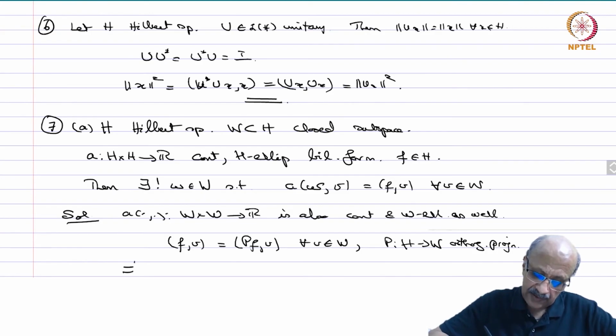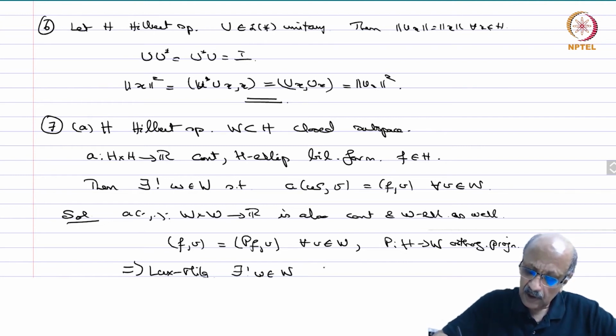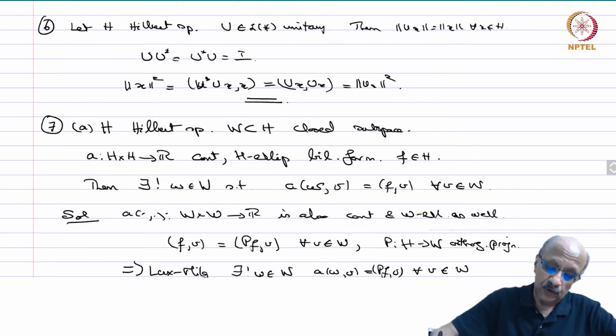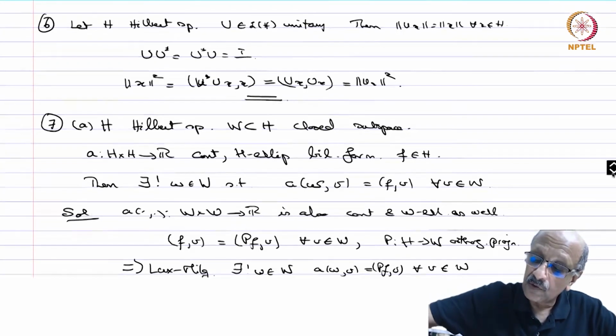So by Lax-Milgram, because W is a Hilbert space in its own right, there exists a unique w in W such that a(w, v) equals PF(v) for every v in W, and this is nothing but F(v). Okay, and therefore we have shown that there exists a unique solution.